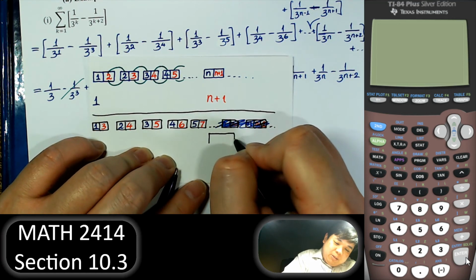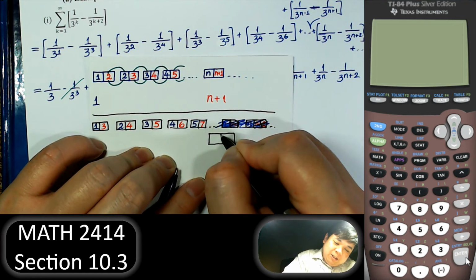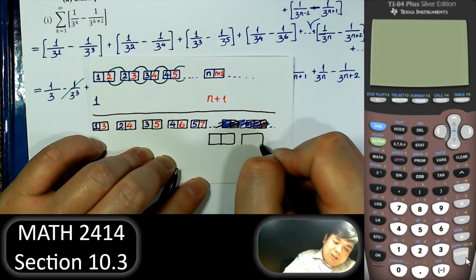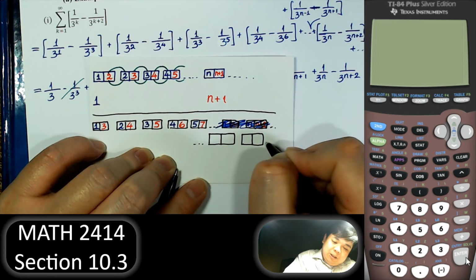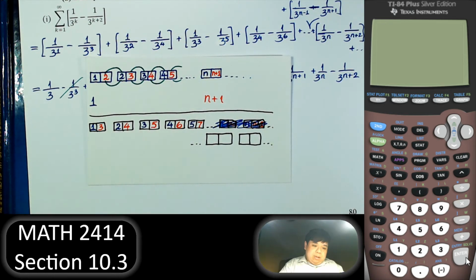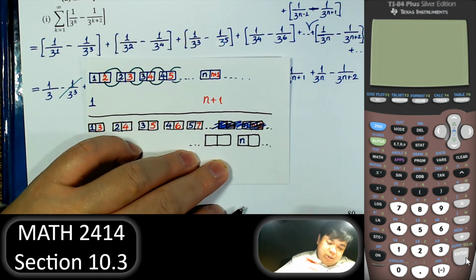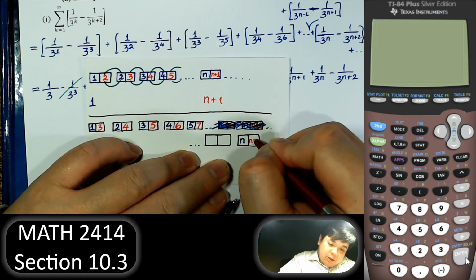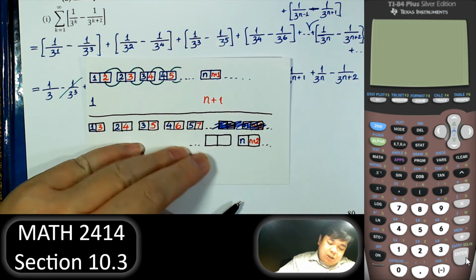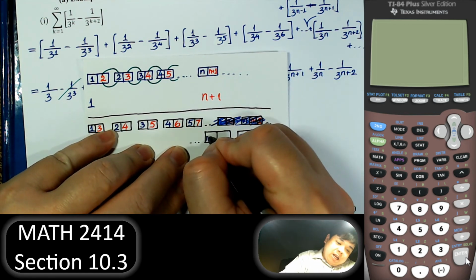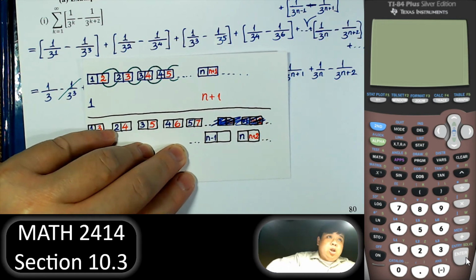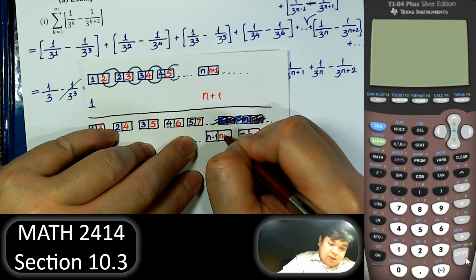Let's make it a little bit bigger. Right. So we're going to stop at n, and this will be n plus 2. And the term before that is n minus 1. Plus 2 to that is n plus 1.